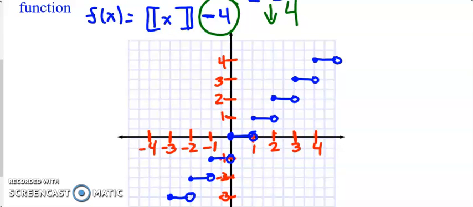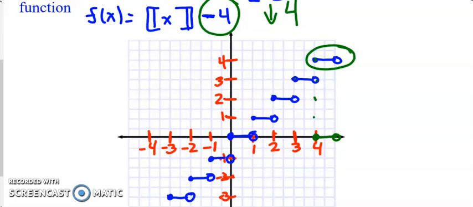All right. So when we talk about our transformations, we have our parent function, which is the blue part, and we're going to move everything down 4, because that's what our transformation is set to do. So here, we're going to look at this part first. We're going to take it down from here: 1, 2, 3, 4, and move it down.